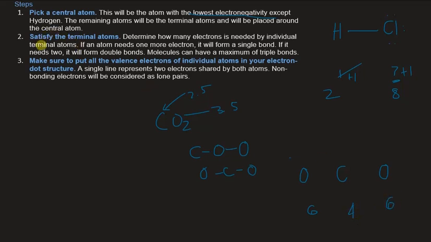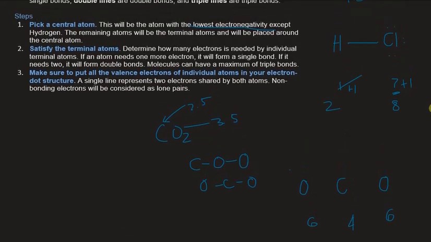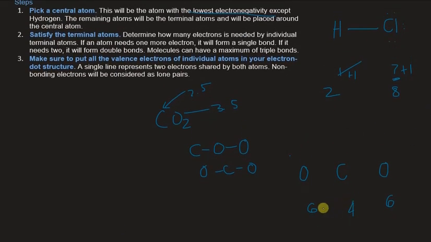The next thing is to satisfy the terminal atoms. So determine how many electrons are needed by individual terminal atoms. We'll first make the terminal atoms happy. In this case, carbon is the central atom and the oxygens are the terminal atoms. All of these atoms want to have an octet, so all of them want 8 valence electrons.